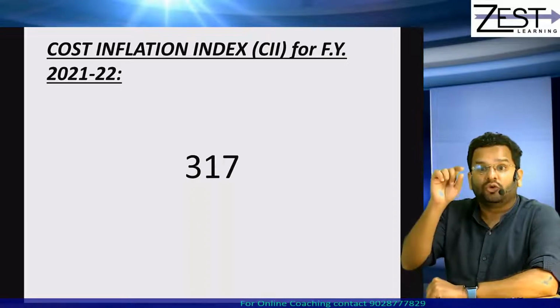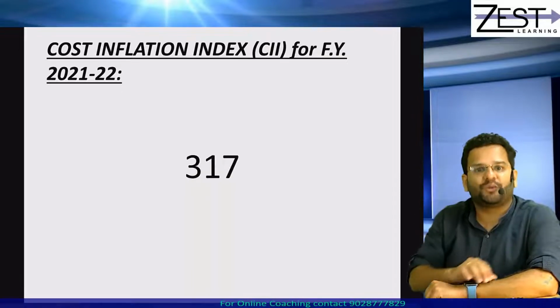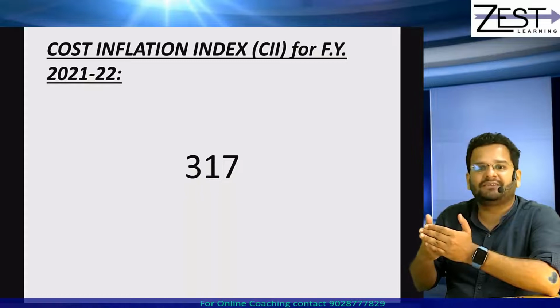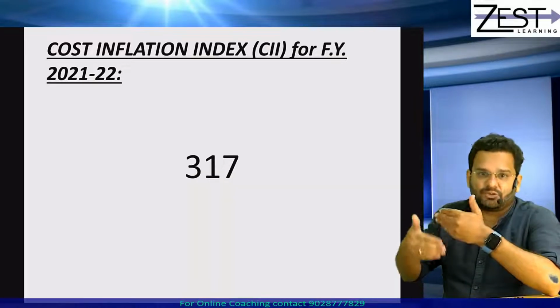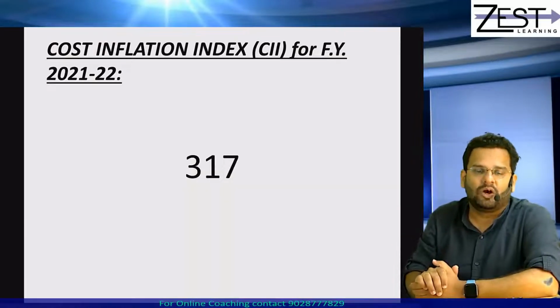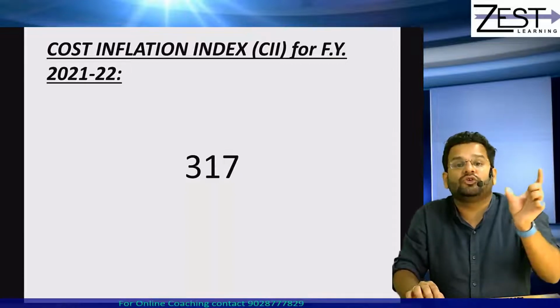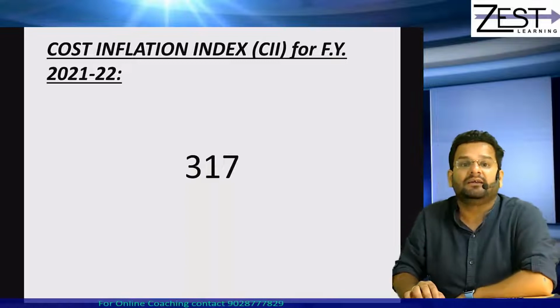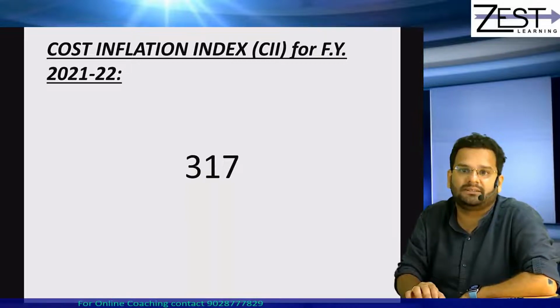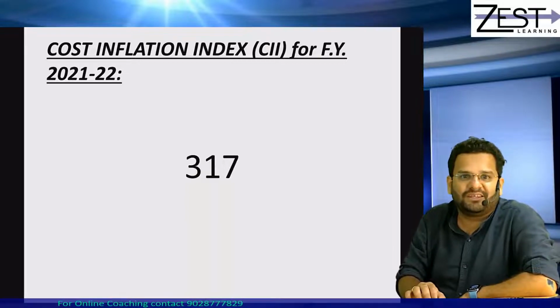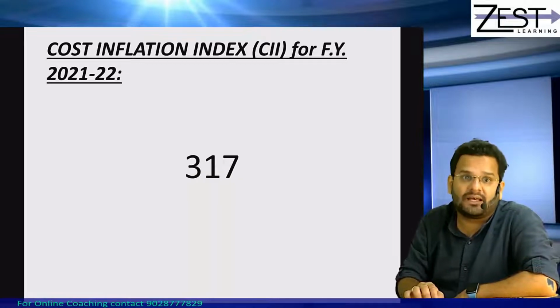So mostly when I am solving a question in capital gains for assessment year 22-23, obviously asset will be transferred in 21-22. So the numerator CII, you will have to take as 317. Mostly in the exam it will be given, but still you should know the latest CII.